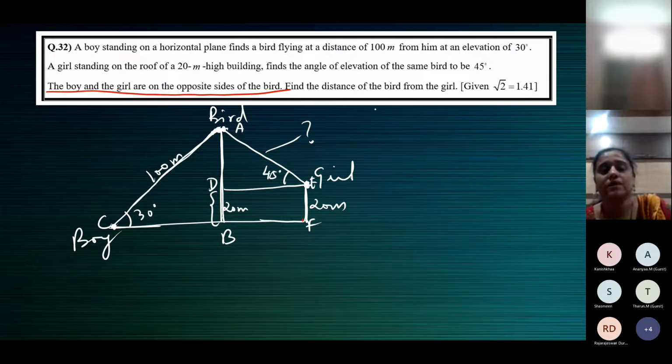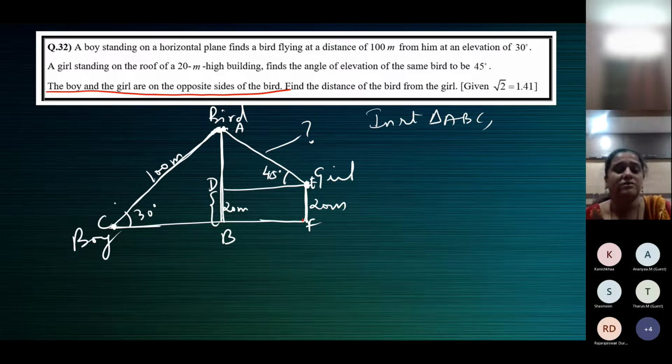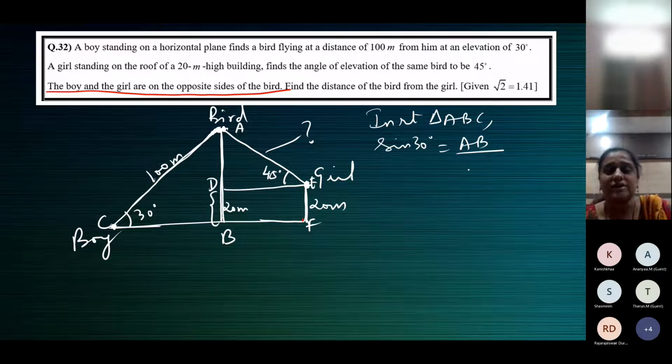So first in right triangle ABC, you need to find AB. So how will you connect AB and 100? It's sine 30. Sine 30 degrees is equal to opposite AB by hypotenuse AC.